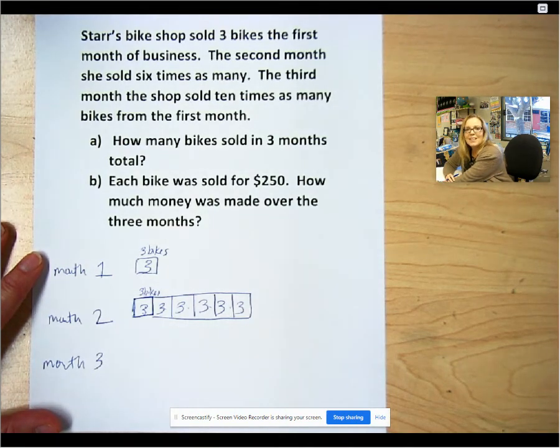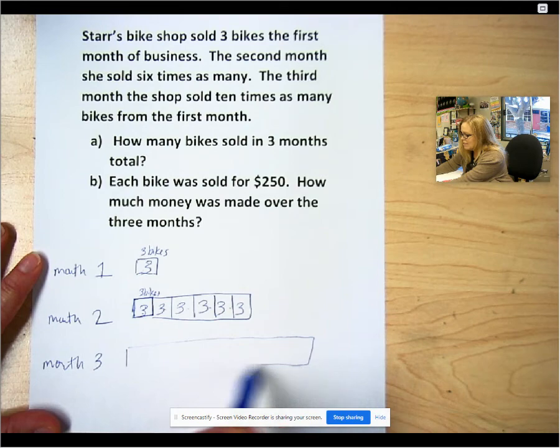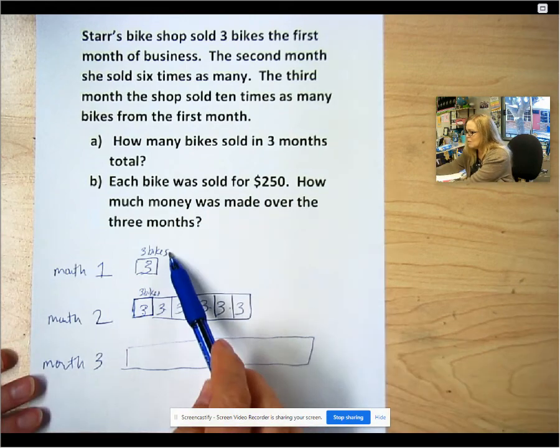The third month, the shop sold 10 times as many as the first month. So what does this need to look like? You should know how to do that, nerdy Nawg-Dawgs. From there, you should be able to answer these questions. How many bikes were sold in the 3 months total?